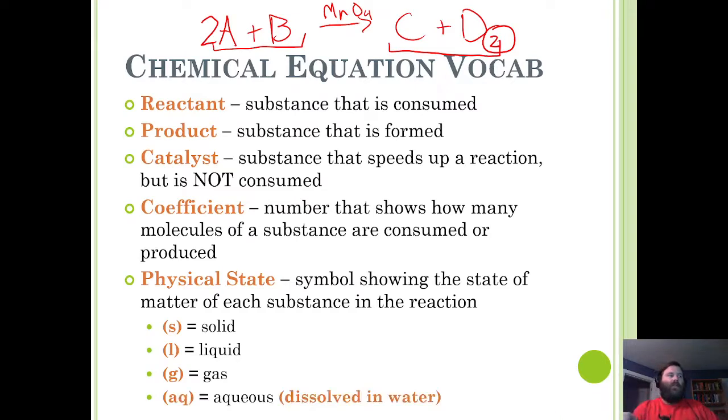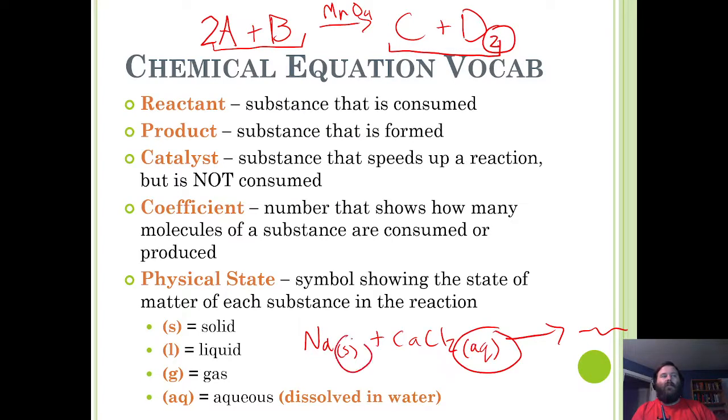And then physical state, which is not something we've seen before, but you've seen it in the acid and base equations that we talked about. So if I had, like, sodium plus calcium chloride makes something else, these things are the physical state.